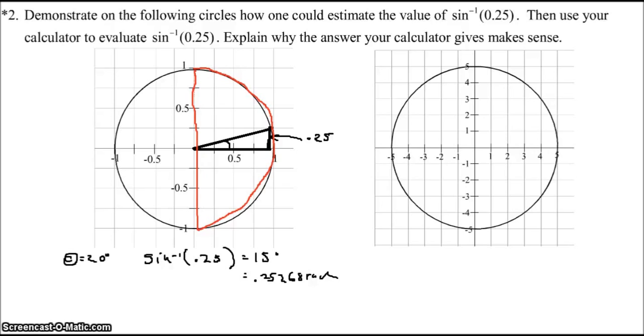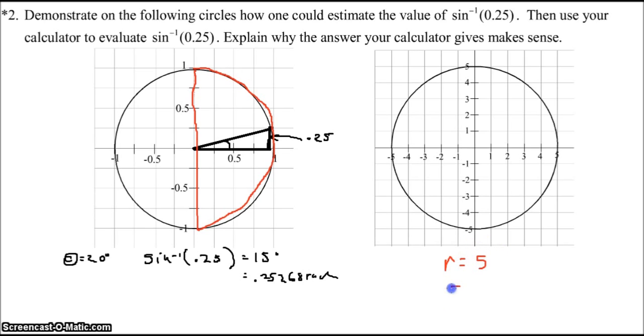Okay, for this circle it's a little bit complicated. If we just look at inverse sine of 0.25, that's 15 degrees, but that's only for the unit circle. If we have this radius with length 5, it's a little bit different. So our radius is equal to 5.